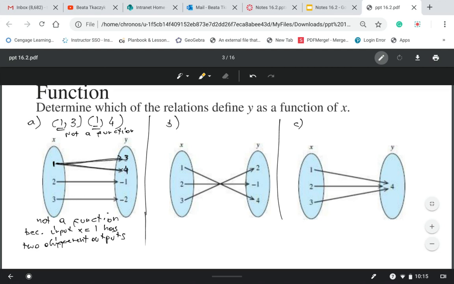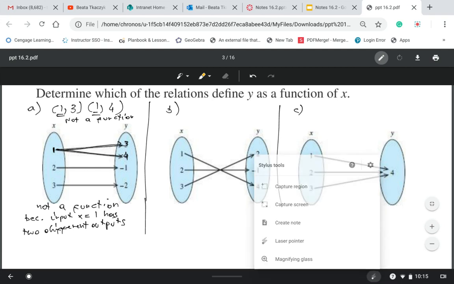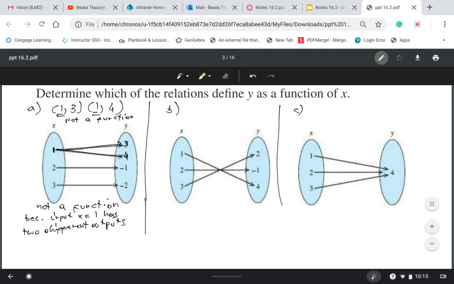Now let's move on to relation B. We have to decide if relation B is a function. Definition of the function: each input has assigned exactly one output. Input 1 has assigned one output, which is 4. Input 2 has assigned one output, which is -1. And input 3 has assigned one output, which is 2.